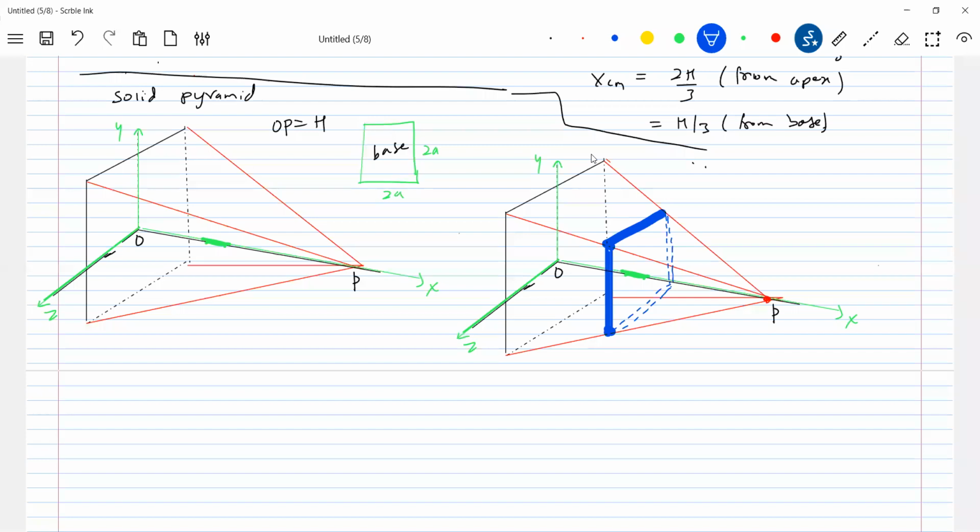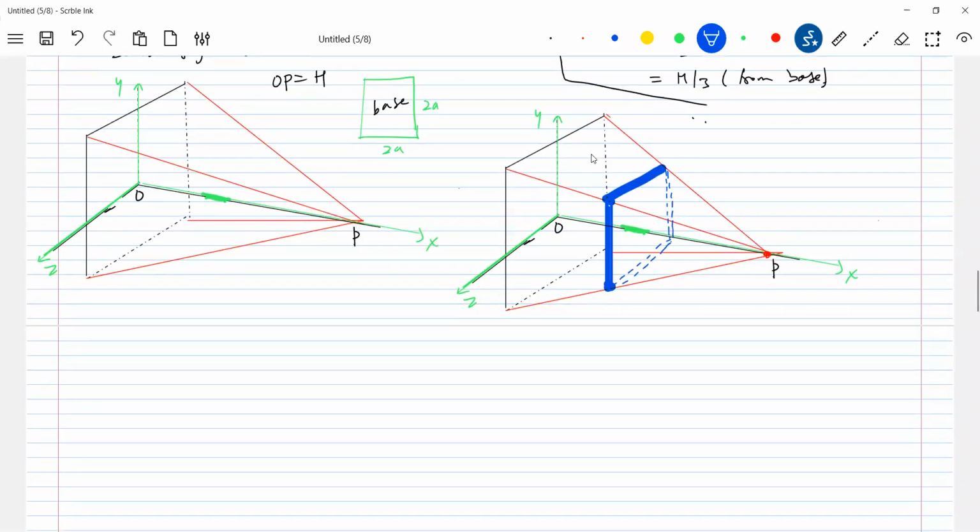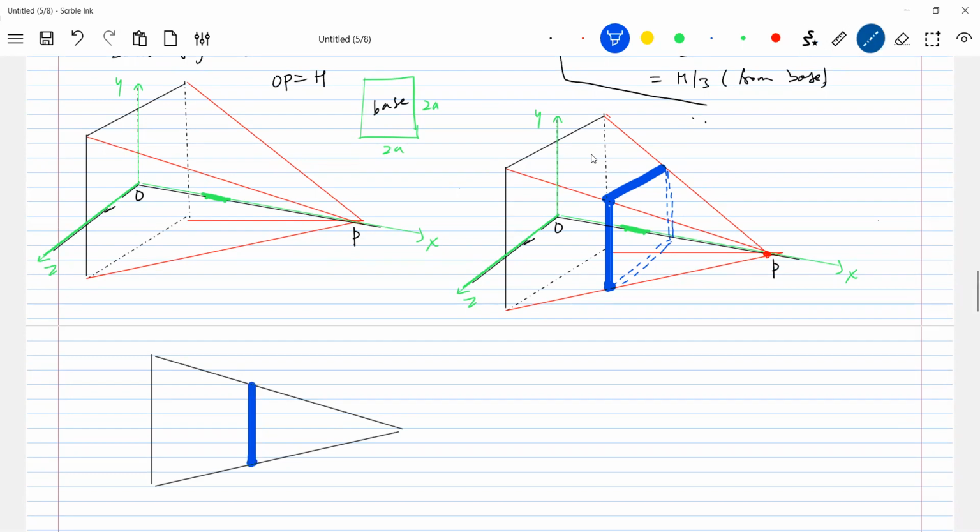Now you define the thickness here. So you make it a one plane diagram so that it'll be easy for you. Just if you see from one side, so this will be the condition. So what should be the limits?